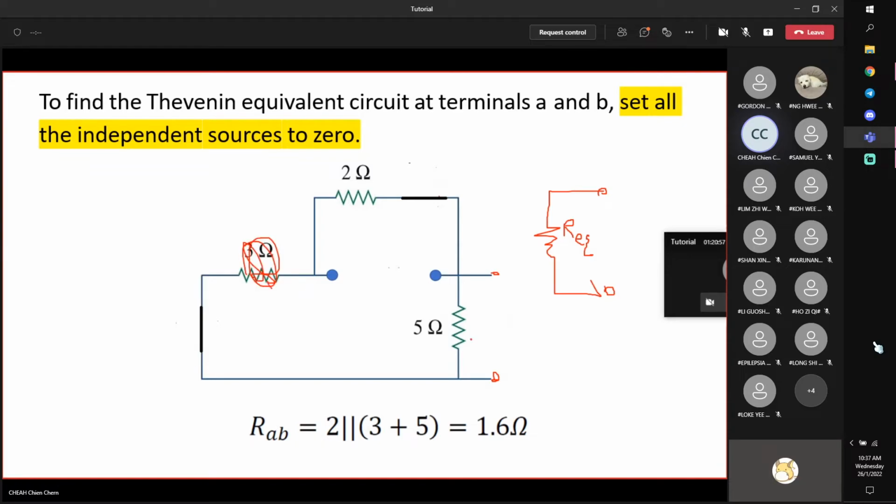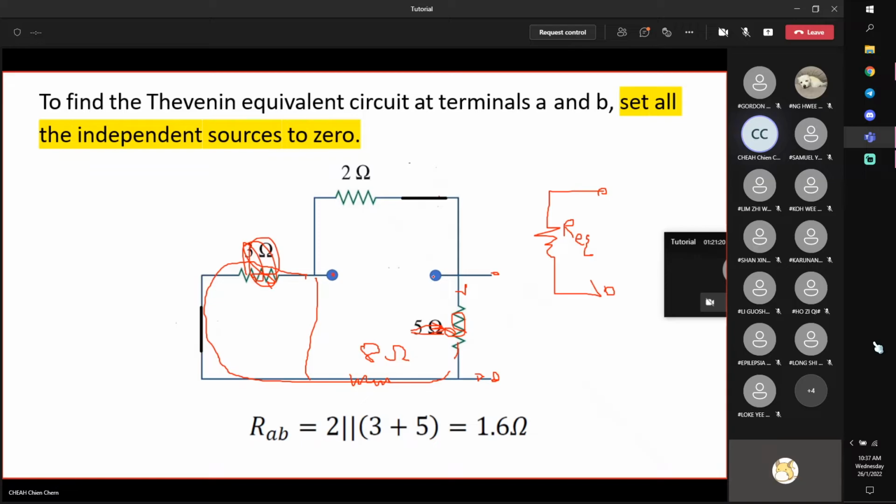In fact, you can simplify this into this 8 ohms. Correct? 8 is equal to 3 plus 5 in series. Same current. No current flows through here, so all the current flows through here and here. So this 8 ohms.